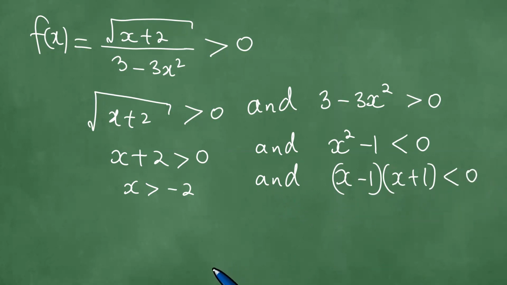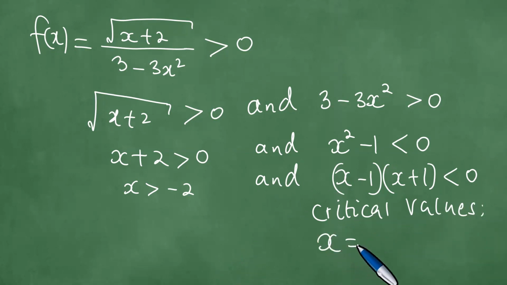Okay, now let's look at this very, very carefully. At this point, we're able to get what we call the critical values. What are the critical values? The critical values are two of them: 1 and minus 1.